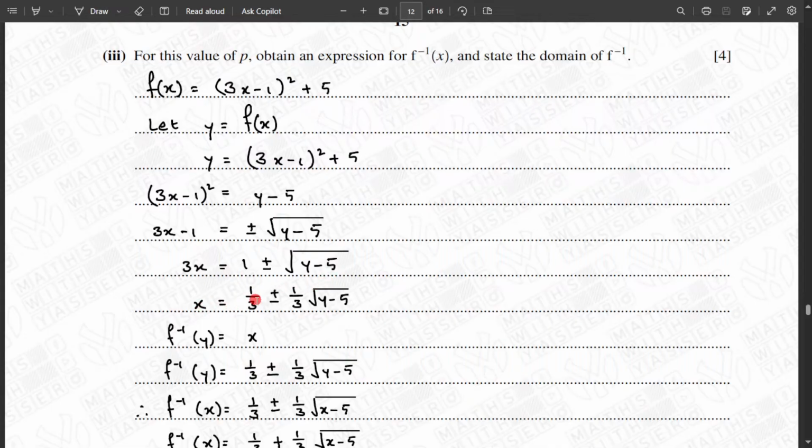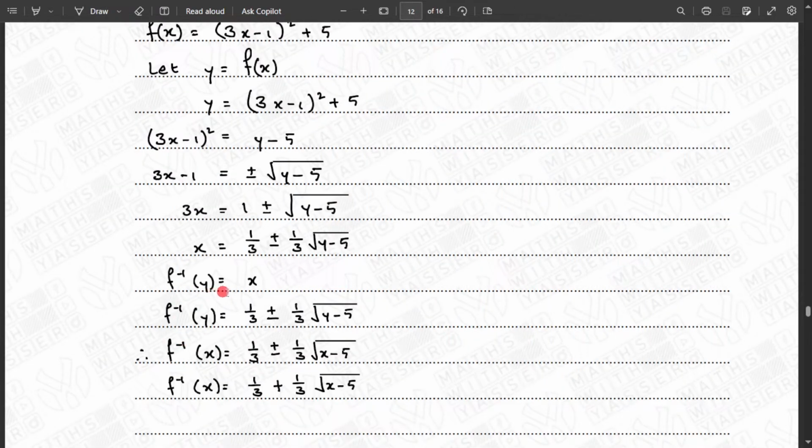Dividing both sides by 3, we get x equals 1/3 plus or minus 1/3 square root of y minus 5. f inverse of y is equal to x. So f inverse of y equals 1/3 plus or minus 1/3 square root of y minus 5. So f inverse of x should be 1/3 plus or minus 1/3 root of x minus 5.